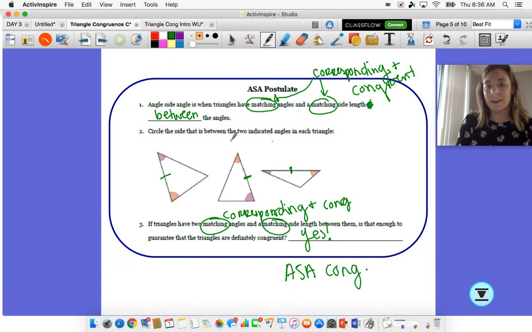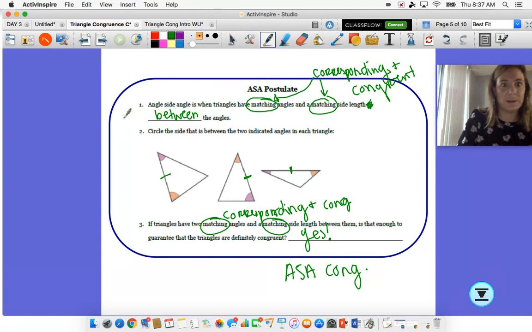Knowing this, by default, any other side should be congruent. Remember, you need two triangles. If I give you just one triangle, I can't do that. Something is wrong. So if you are asked to draw triangles, plural, that represent angle, side, angle, and mark them off accordingly, you need two triangles. Just want to emphasize that.